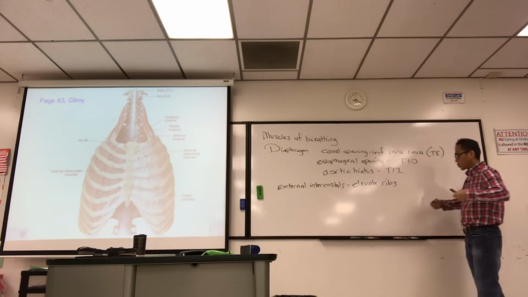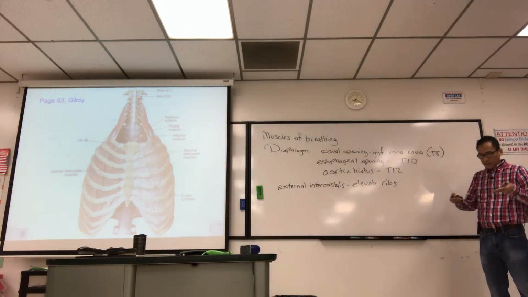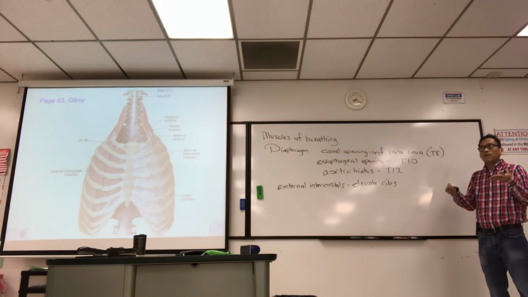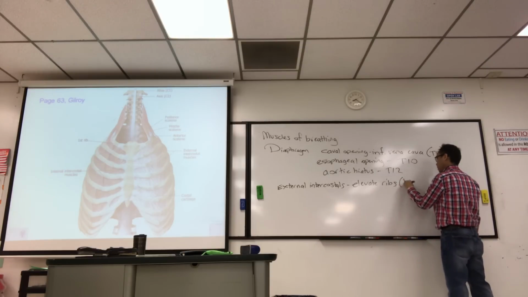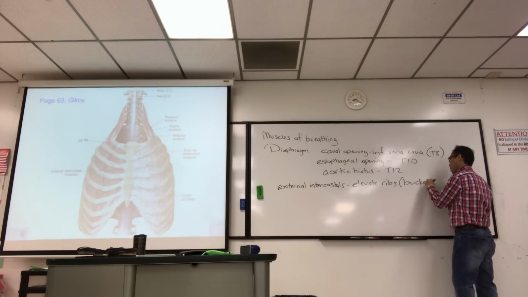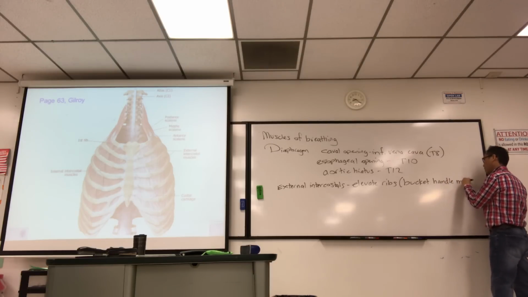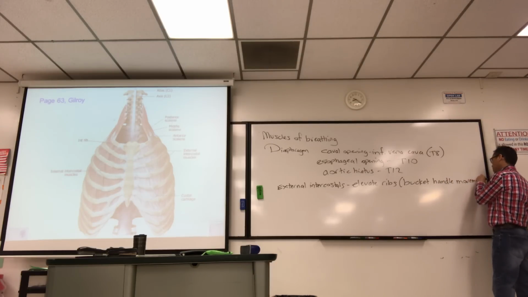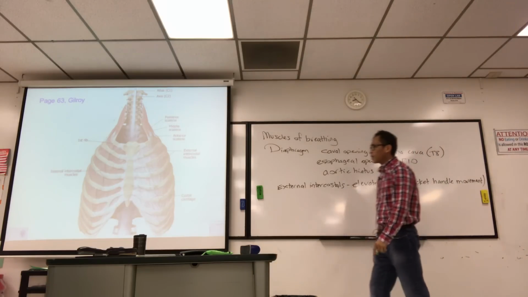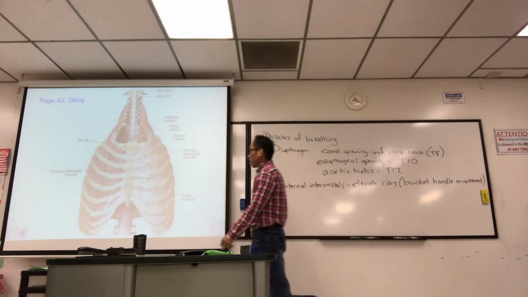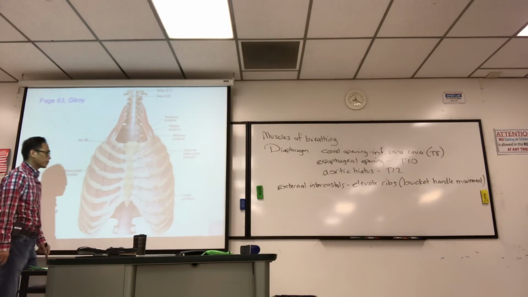The rib is a curved structure, like a bucket handle. And when you elevate them, it's like lifting the handle of a bucket. Called bucket handle movement, and I'll show you a picture of that later. But basically, elevate ribs, along with diaphragm, you're expanding your chest wall.